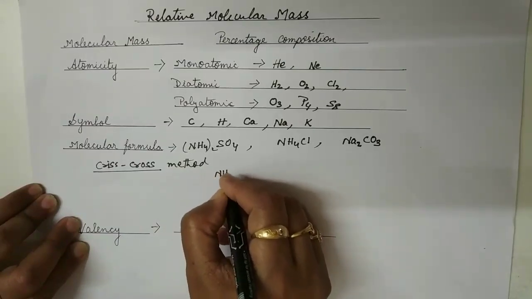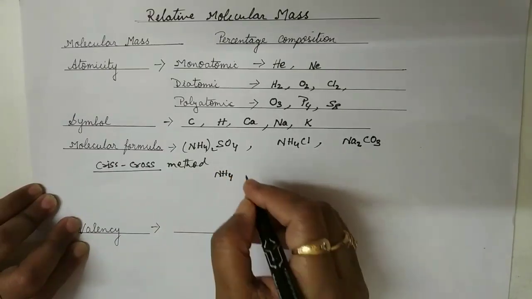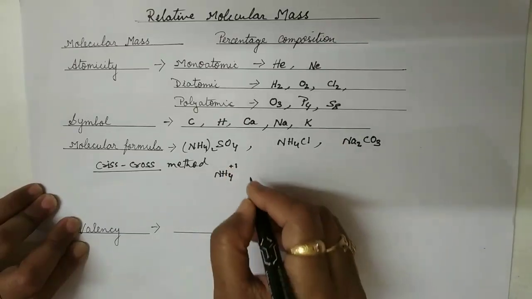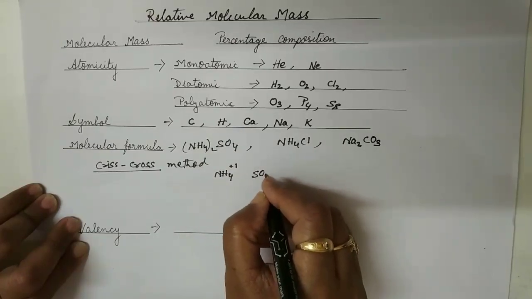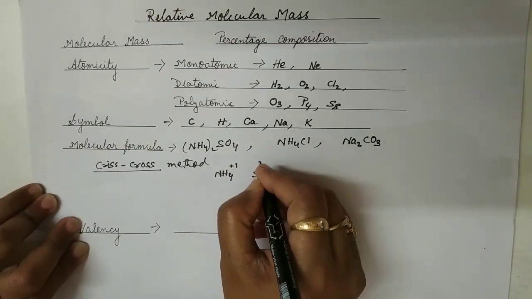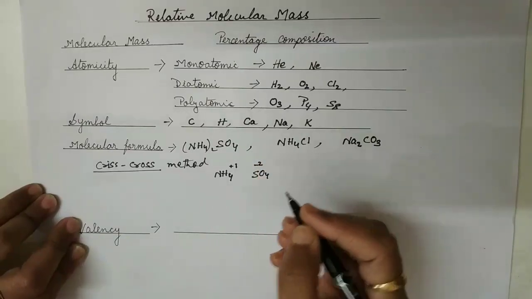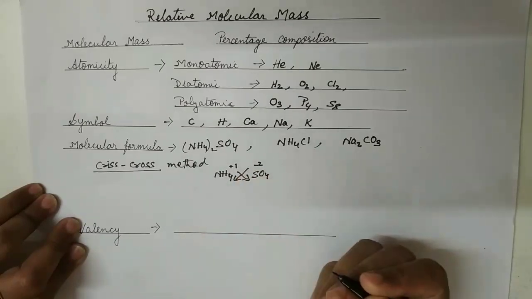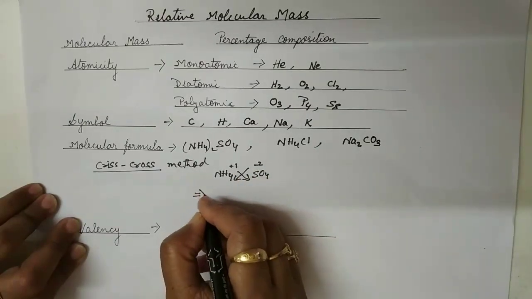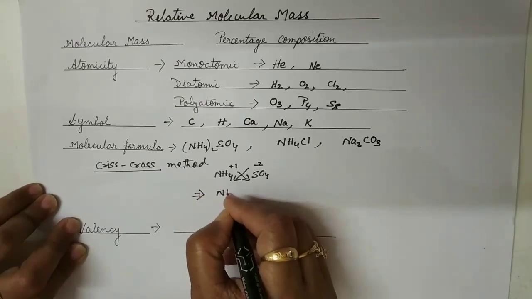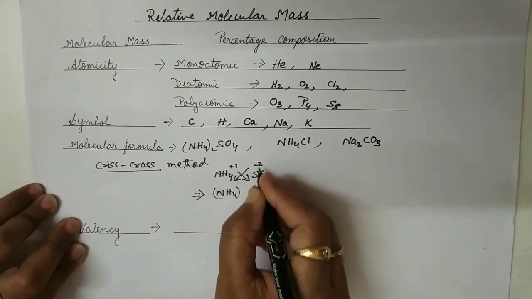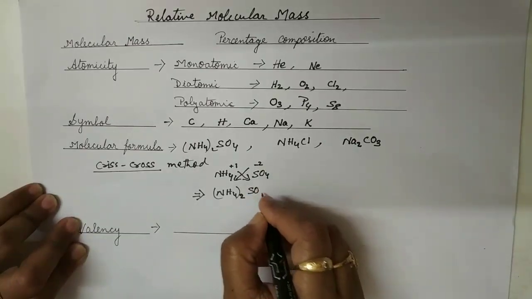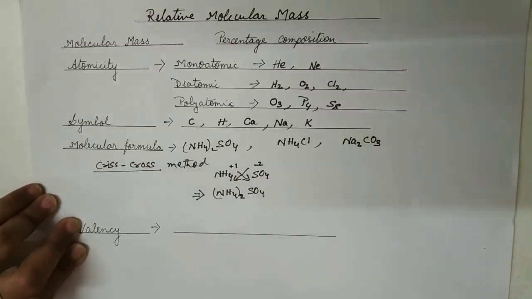So you have your cation ammonium NH4, valency is 1, cation. You have your anion as sulfate and the valency is 2, anion. So what you did by the Criss-Cross method, and your answer now is ammonium sulfate. The 2 is now the subscript and the sulfate 1 we don't write.